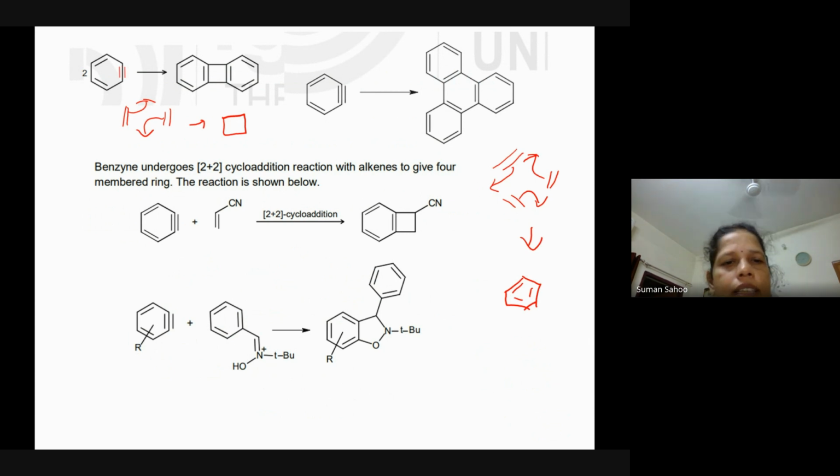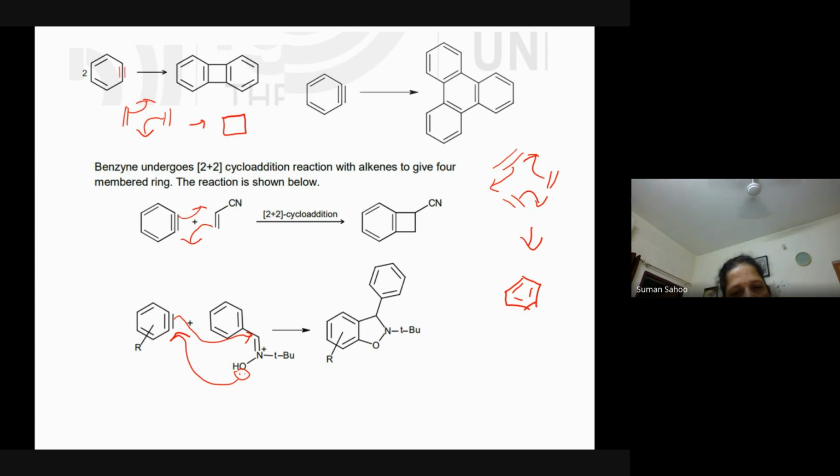So it goes on like that. That also undergoes 2 plus 2 cycloaddition with another dienophile. This is dienophile, this is also dienophile, but this undergoes addition reaction, 2 plus 2 cycloaddition reaction, to give a 4-membered ring. In this case, actually, if you just see, this is not 2 plus 2, this OH group reacts here, and this attacks this nitrogen.